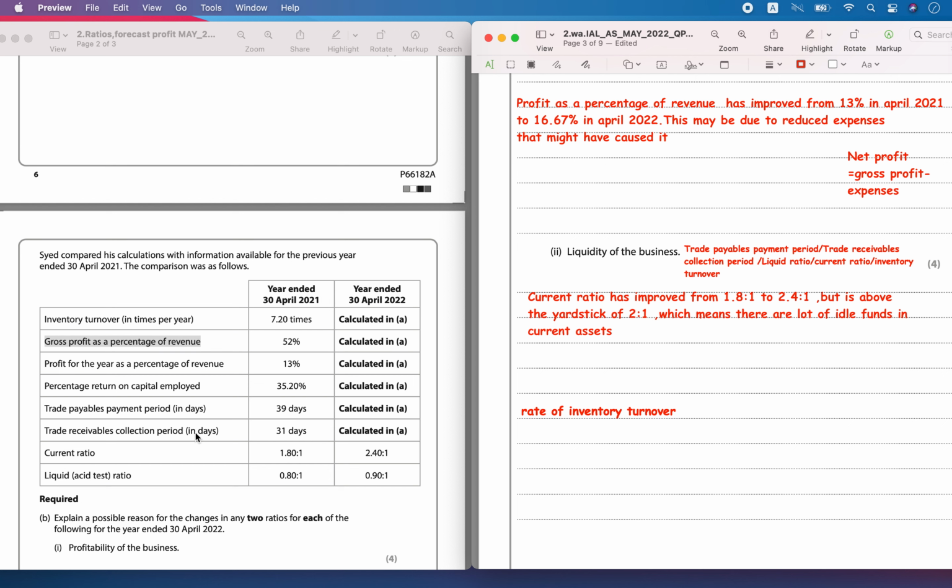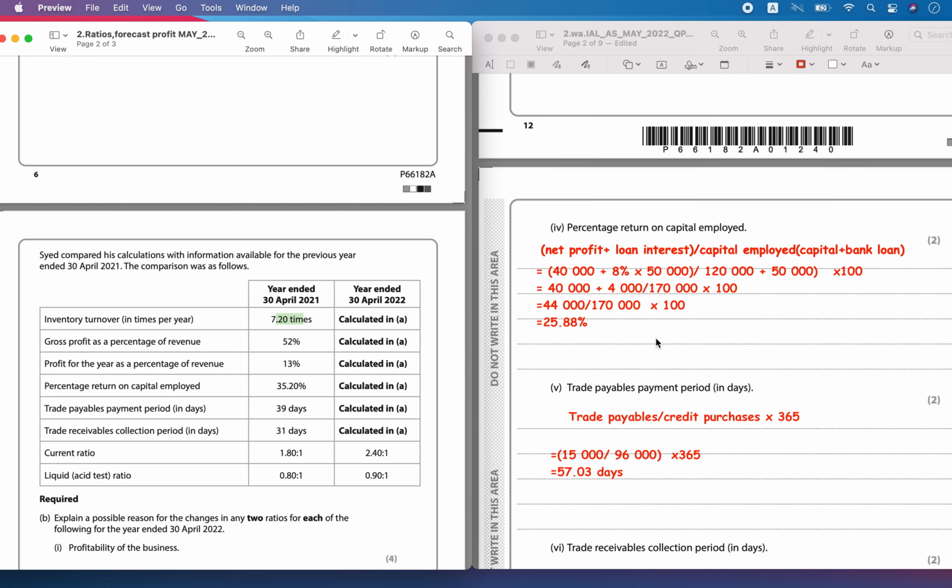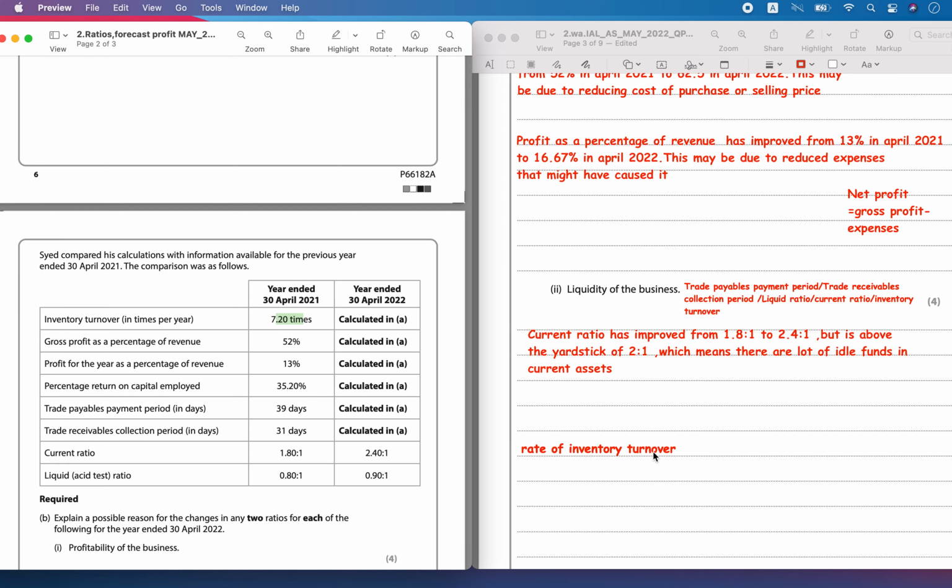Then the rate of inventory turnover. Let's see the rate of inventory turnover. It was 7.2, and this year we calculated 6, so it has reduced.